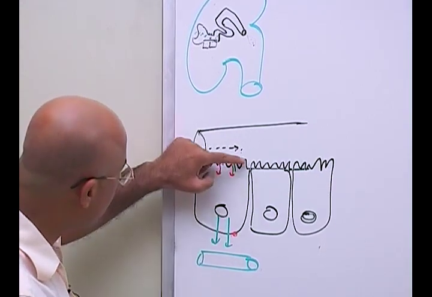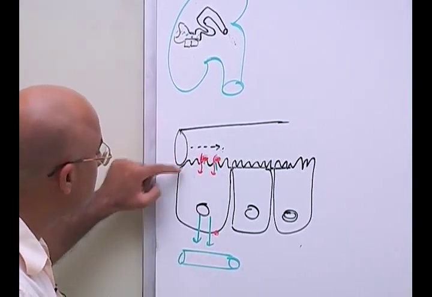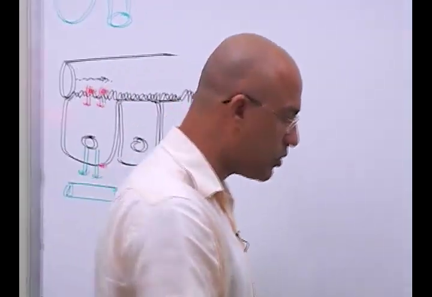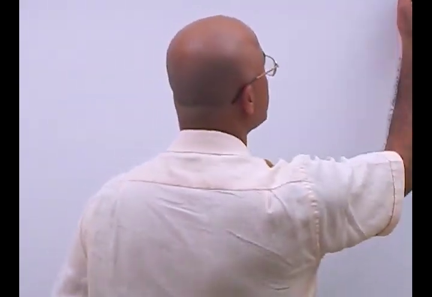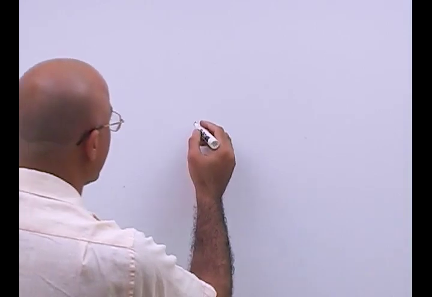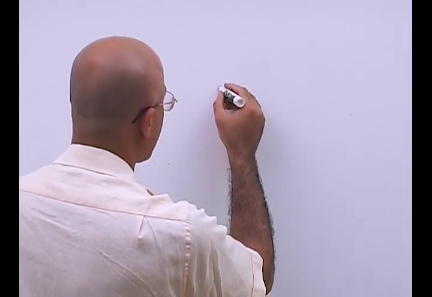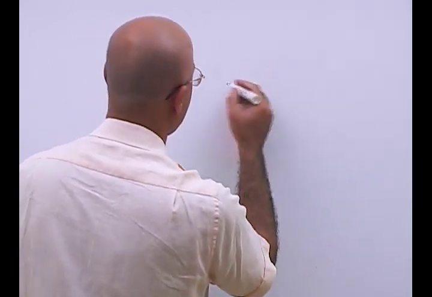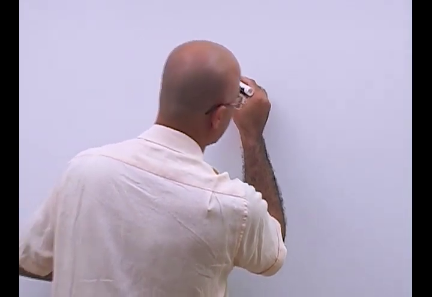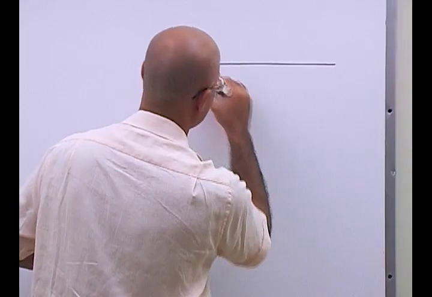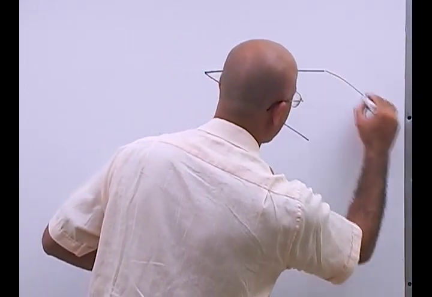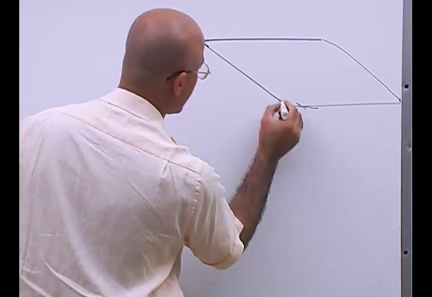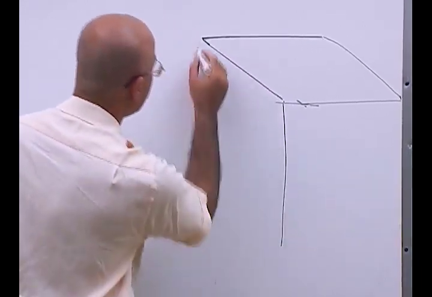Now I'm going to explain the specialized features in different epithelial cells, and I'm going to make one big epithelial cell there, rather two epithelial cells there. Okay, this epithelial cell which I'm going to make here, this is one epithelial cell.